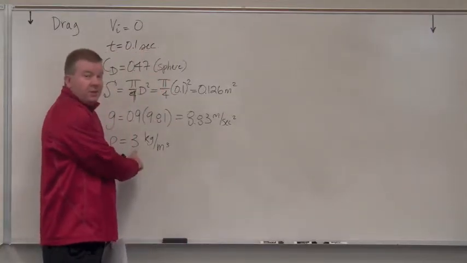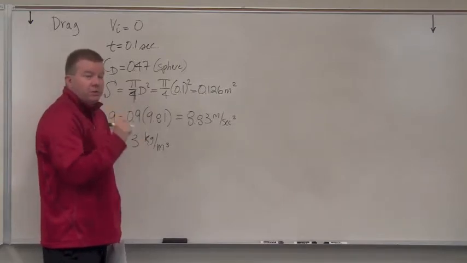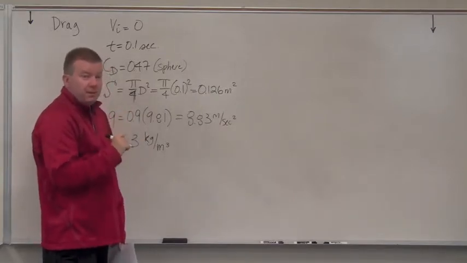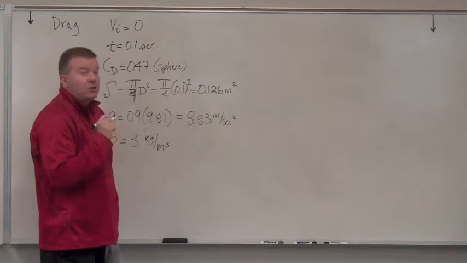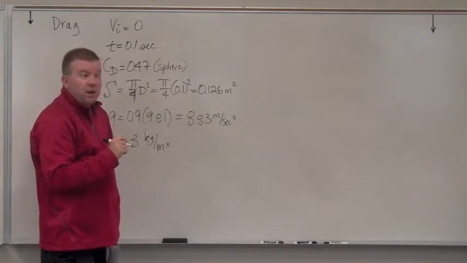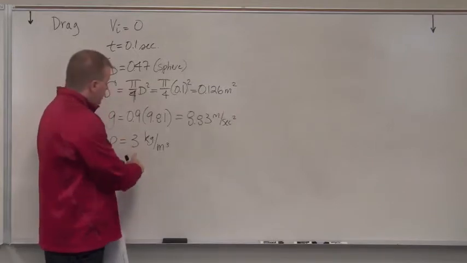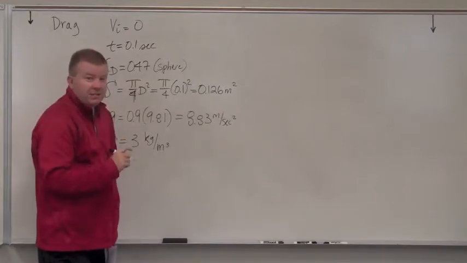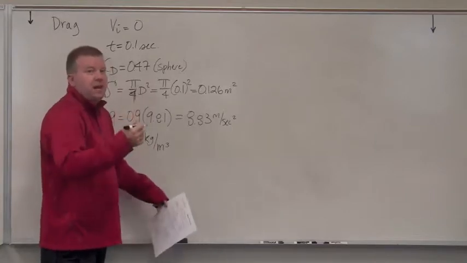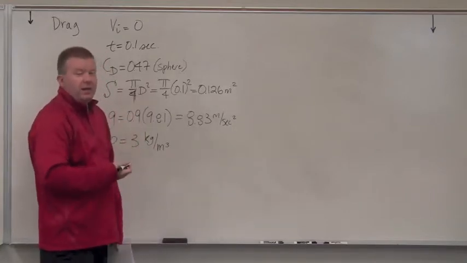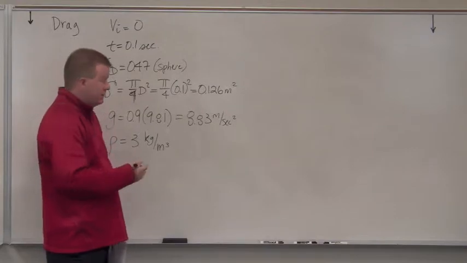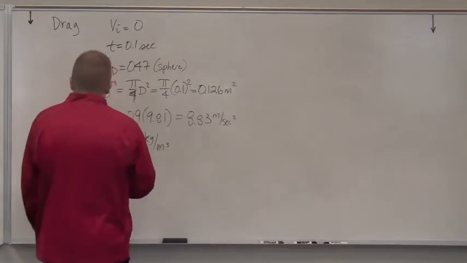This is going to require you to use Excel or some sort of mathematical model, because you're not going to want to do this about 60,000 times, because that's what it's going to take to make this actually hit the surface. You could change the density and say, what if it's this? What if it's that? And you will find how long it actually takes for things to hit the surface. That's kind of neat.